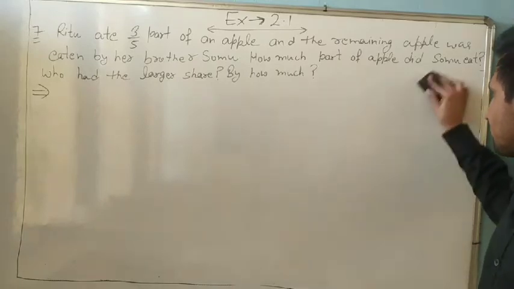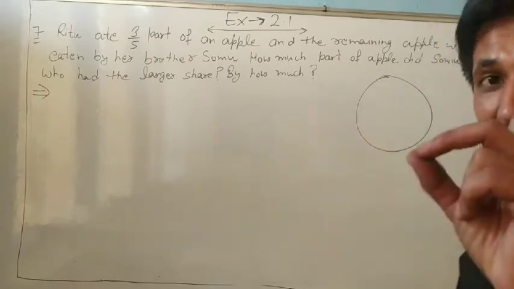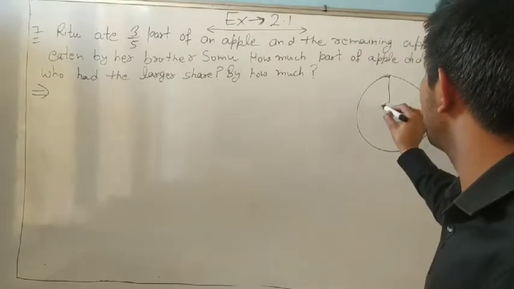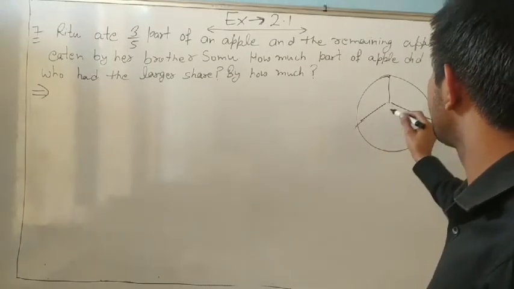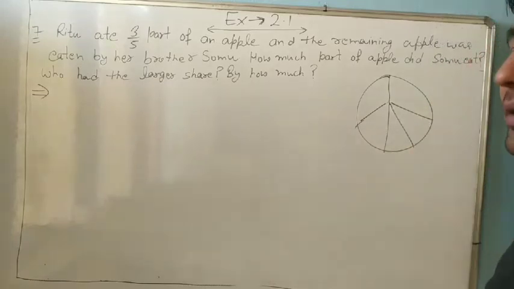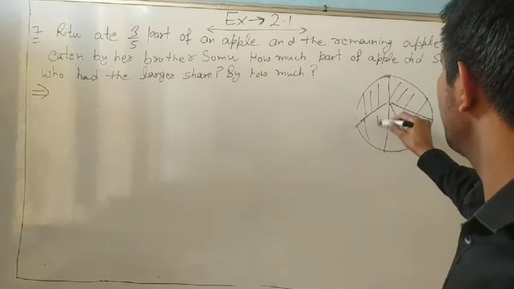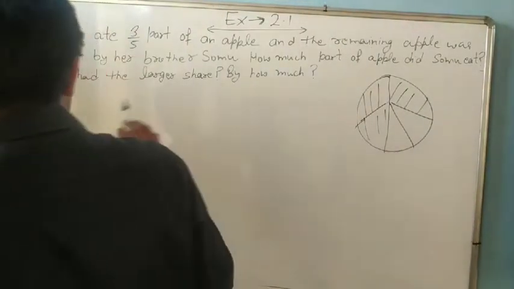Suppose it is an apple. How many apples? It is 1 apple and we divide it into 5 parts: 1, 2, 3, 4 and 5. These 3 parts, 1, 2 and 3, were eaten by Ritu.